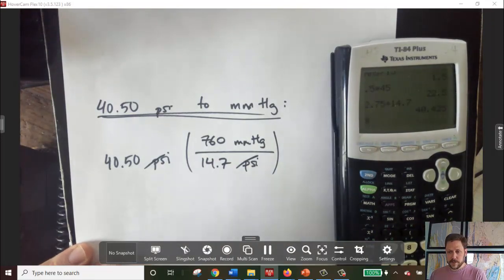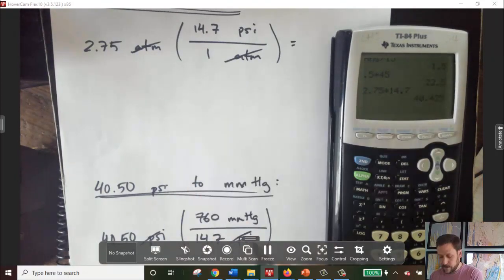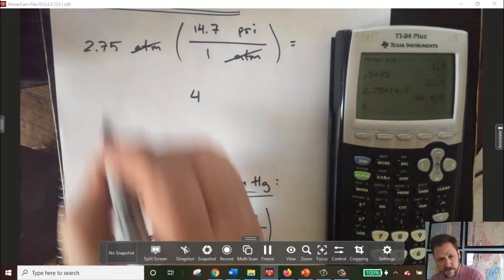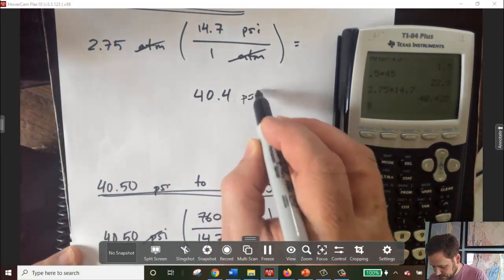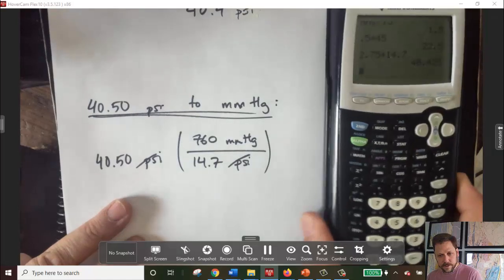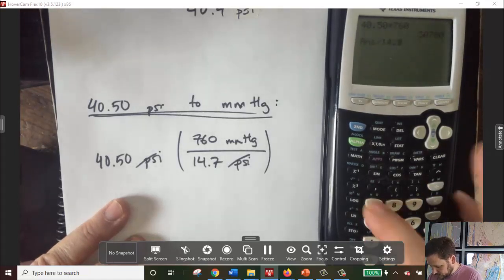Now, of course, we always want to pay attention to significant figures here. So for the first answer there, I want to round to 3 significant figures, which is the number of significant figures I was given, 40.4 psi. And in the second question, notice I'm going to take 40.50 and I'm going to multiply by 760, and then I'm going to divide by 14.7.